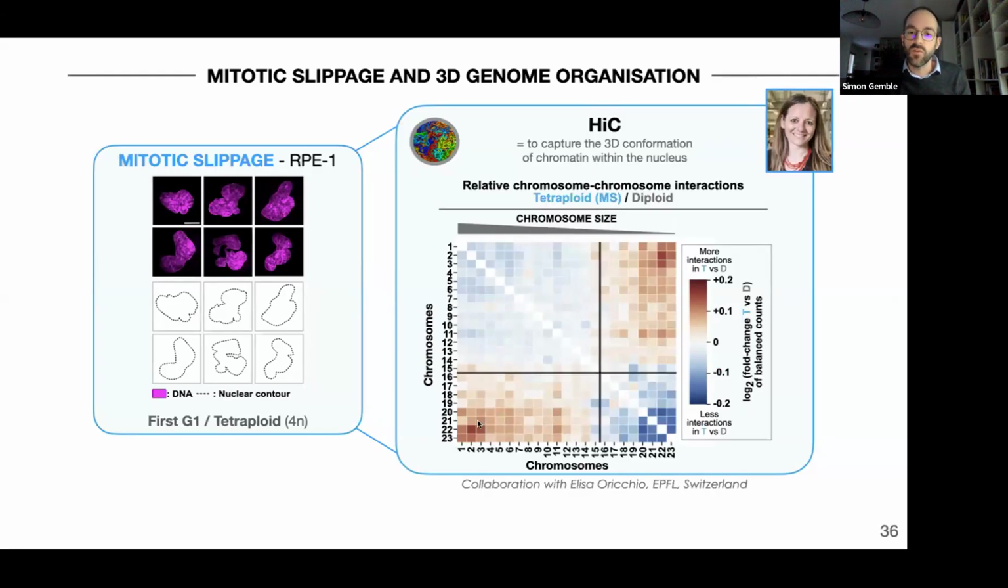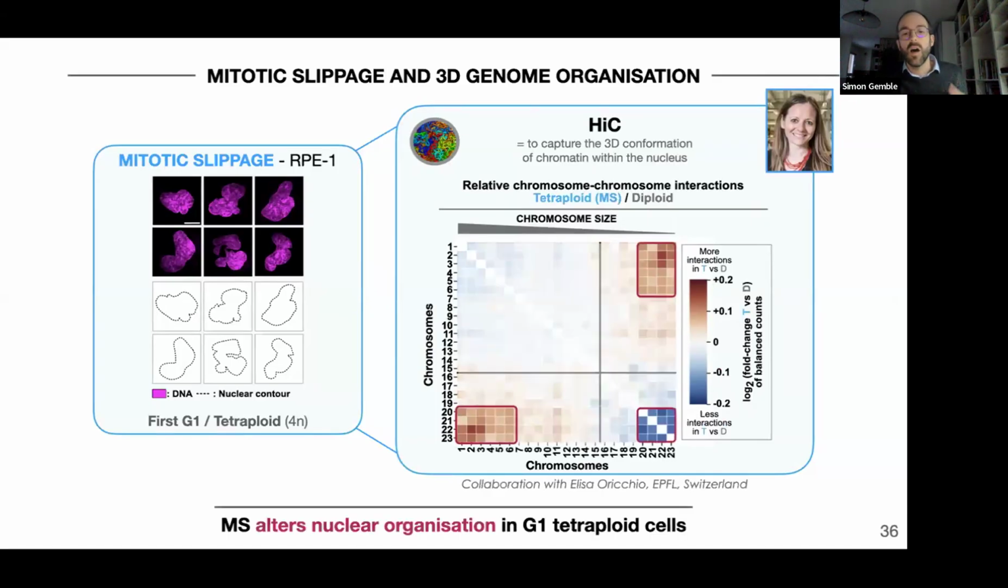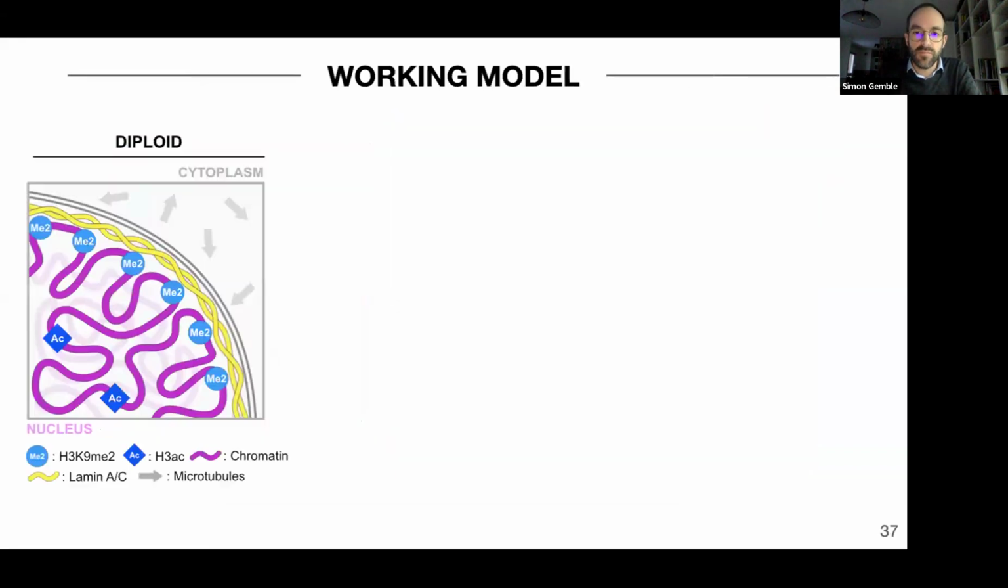Here I'm showing you the chromosome interactions in tetraploid cells compared to diploid cells, meaning that when it's reddish, you have more interactions in tetraploid cells compared to diploid cells, and when it's bluish, it's the opposite. Basically, what we found is that upon mitotic slippage, there are more interactions between long and short chromosomes and fewer interactions between long and long chromosomes, meaning that mitotic slippage alters nuclear organization in G1 tetraploid cells.